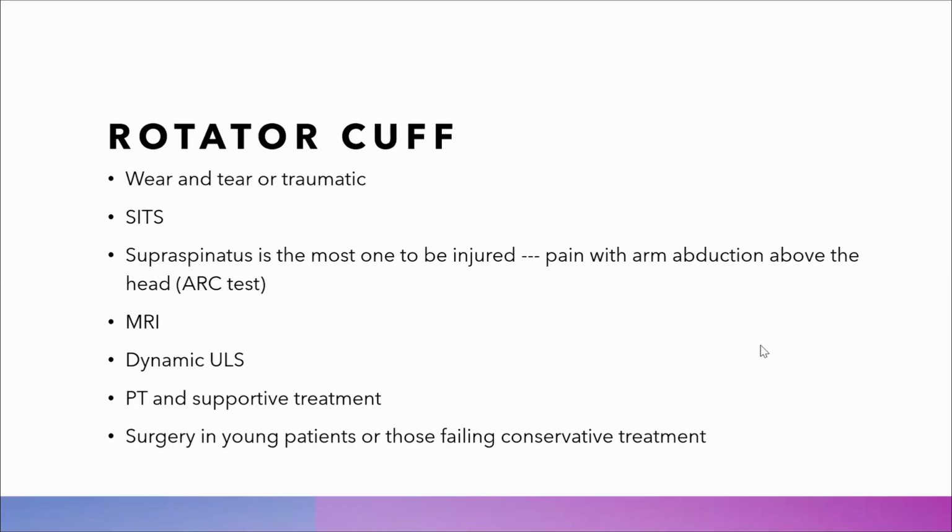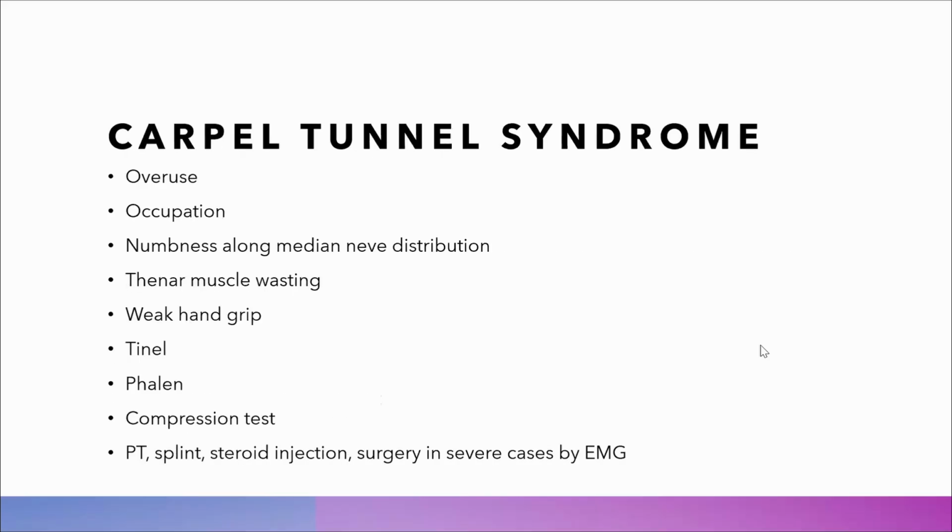Again, this is a muscle injury, so the most diagnostic is MRI for muscles, anything that's muscles. We can do the dynamic ultrasound, but it's operator dependent. Again, PT and supportive therapy is your goal. Surgery if they are young, and the course of the disease will affect their life, so for quality. But again, first is PT and supportive treatment.